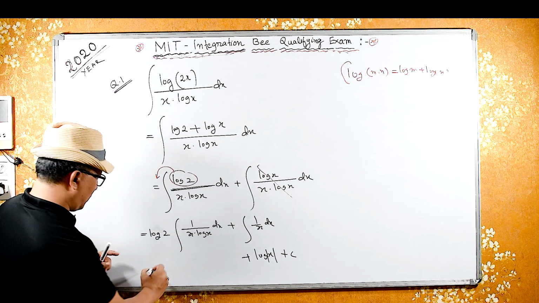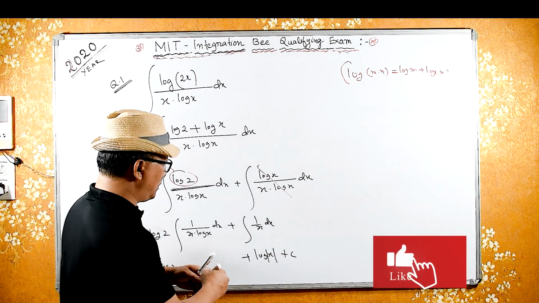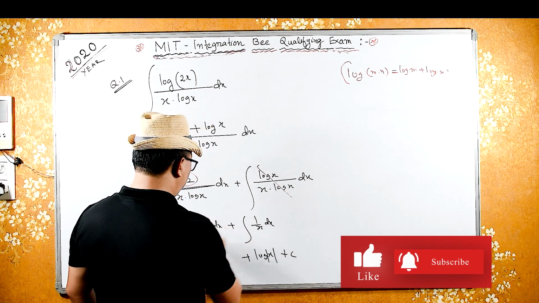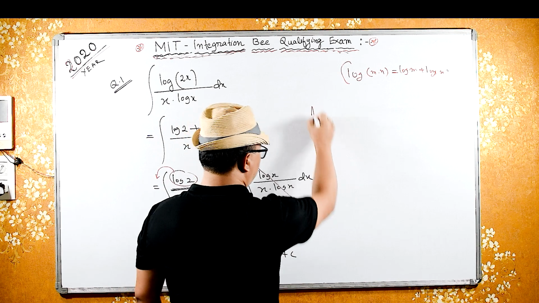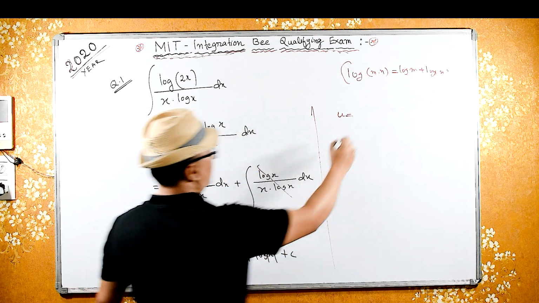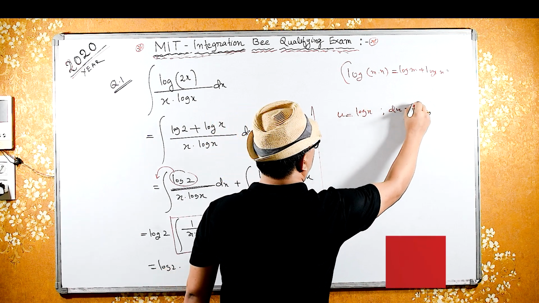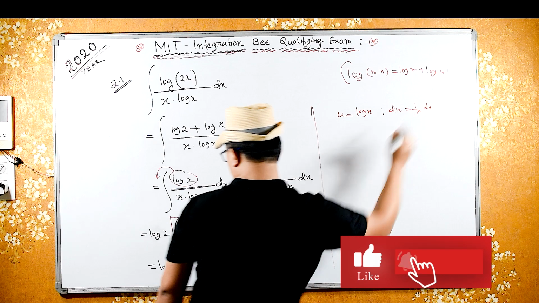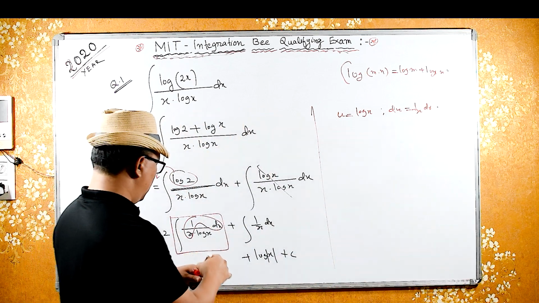But for this part, with the log 2, let's substitute u equals log x, therefore du equals 1 by x dx. So this 1 by x dx becomes du.